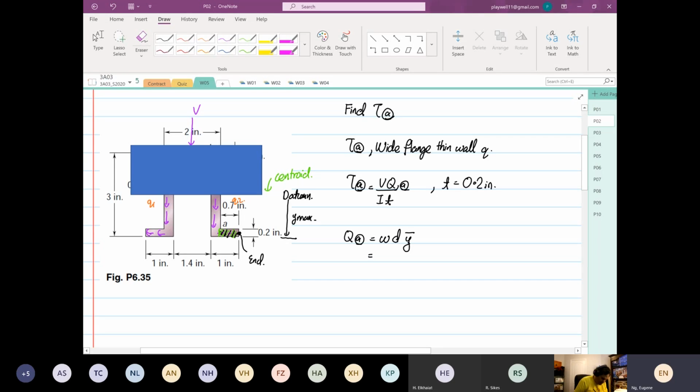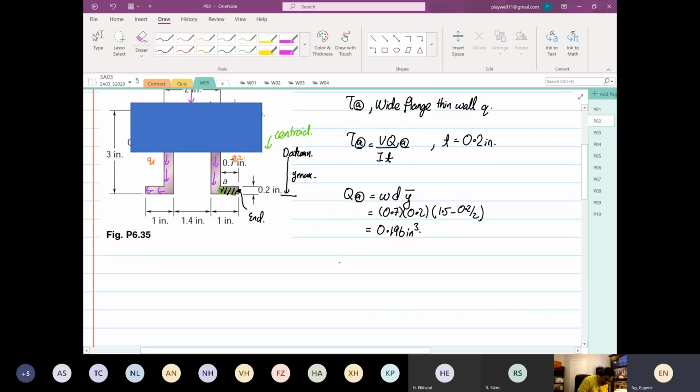The width is 0.7, the depth is 0.2, and the y bar is 1.5 minus 0.2 divided by 2. So you get 0.7 times 0.2 times that, which is 0.196 inches to the power 3.